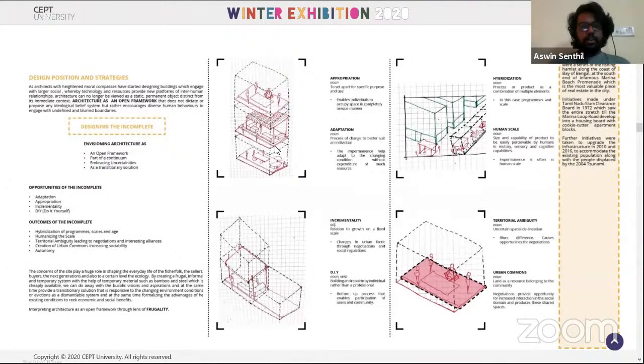By the end of it, I was able to put together a design position and strategies that would best suit my manifesto, which is basically designing the incomplete, or viewing architecture as an open framework. My idea was to look at lexicon, the meanings of words, and how to appropriate and reappropriate them, and how that would suit my design philosophy or design language. Yeah, next one, please.